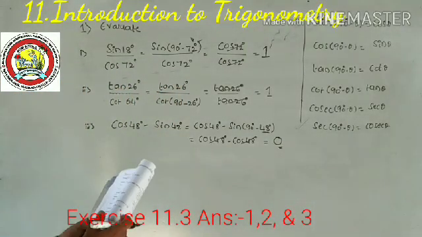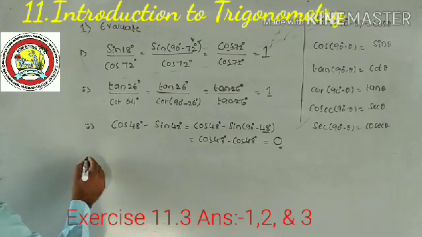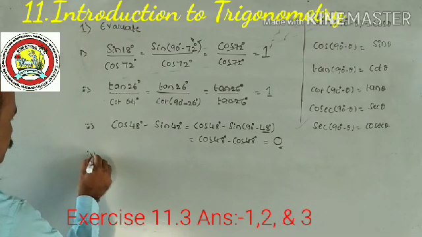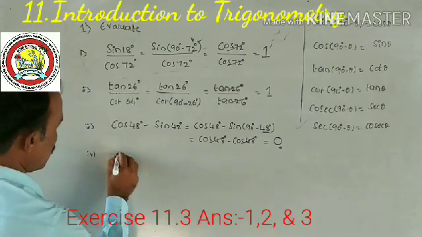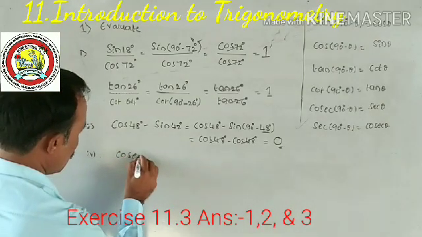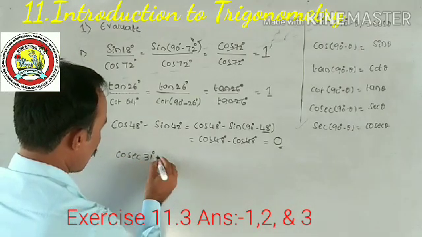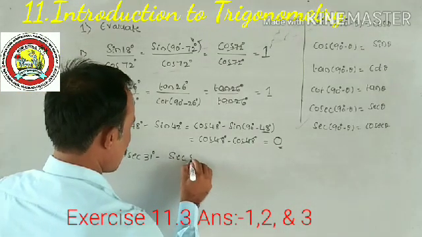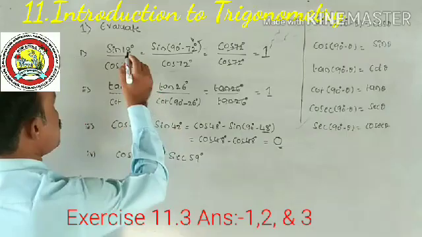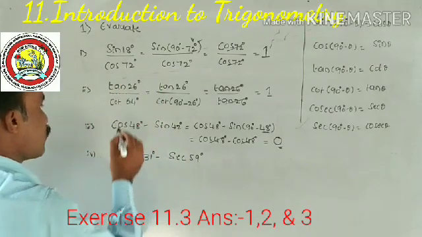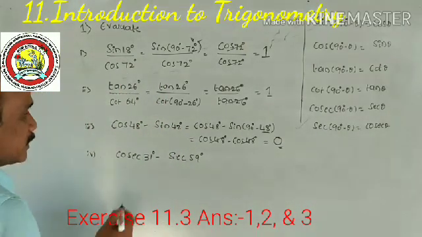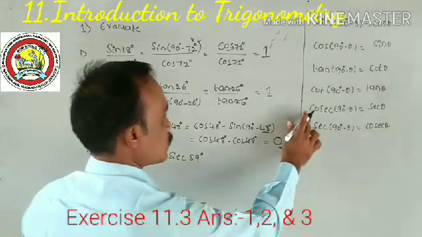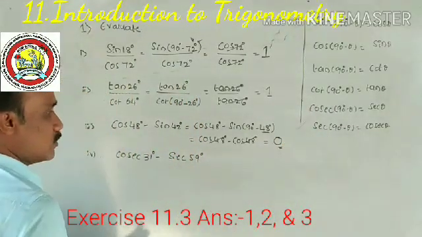Right, next, last question in this main question, the fourth one: cosecant 31 degrees minus secant 59 degrees. Yes, the sum of sin and cos is 90, tan and cot 90, again cos and sin 90, cosecant changes to secant, the sum of these two is 90 degrees.